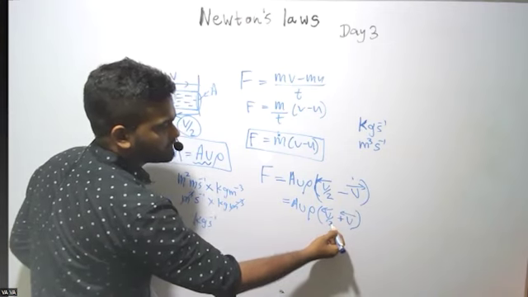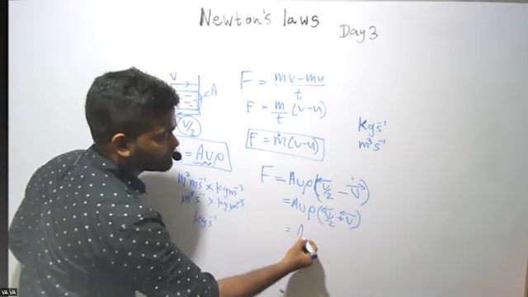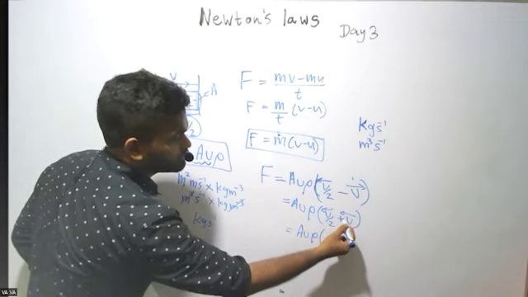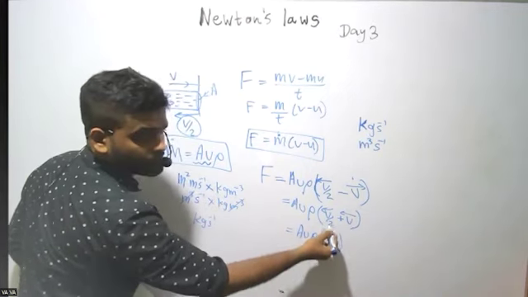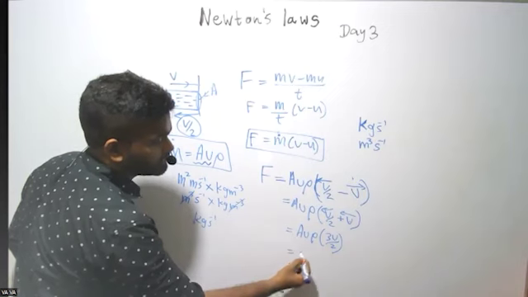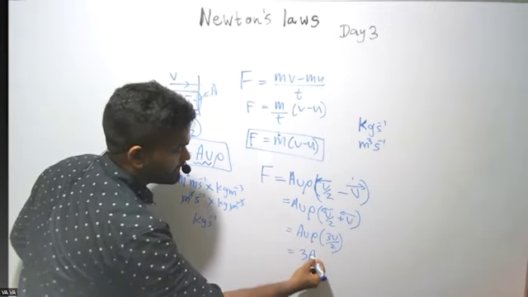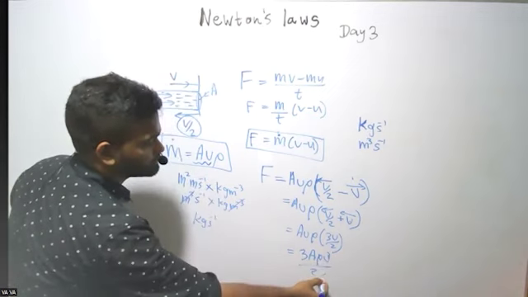So what is this? Now you can add these two. A V rho times 3V over 2. V plus V over 2 is 3V over 2. Okay. Then there's a V here as well. Then you can write it as 3 A rho V squared divided by 2.